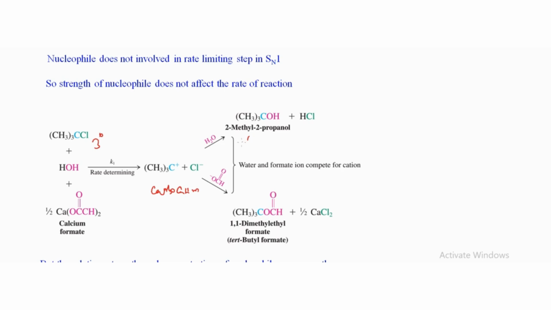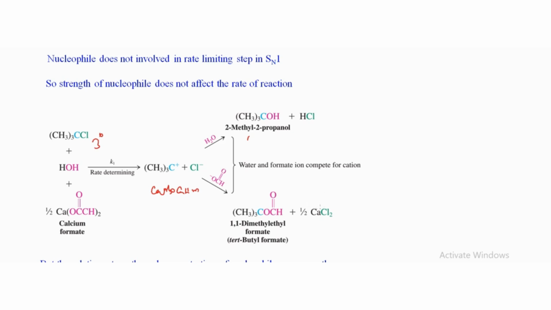You see, the water is reacting with this carbocation and it forms alcohol as a product, and this formate ion is trying to attack this carbocation and form this. This is the tertiary butyl formate. So these are the products. You see, here the product distribution may vary, but it won't be involved in the rate of reaction.